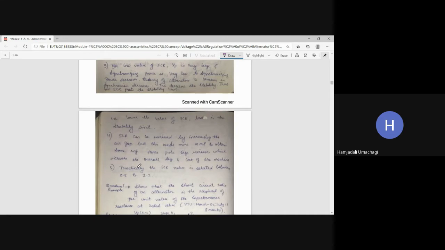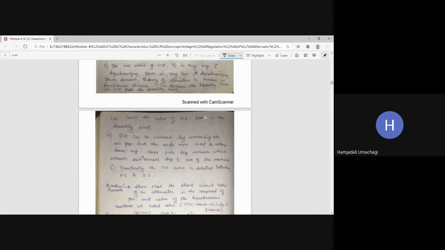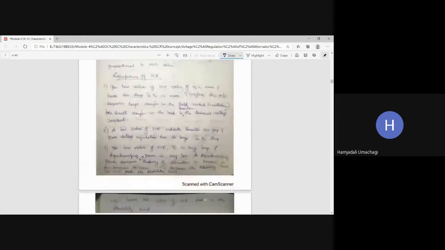So practically, what should be the value of SCR? Practically, the SCR value is selected between 0.5 to 1.2. So usually the SCR value is in the range of 0.5 to 1.2. All these are the significance of SCR. Now you tell me whether the SCR value should be high or low after seeing the significance part.